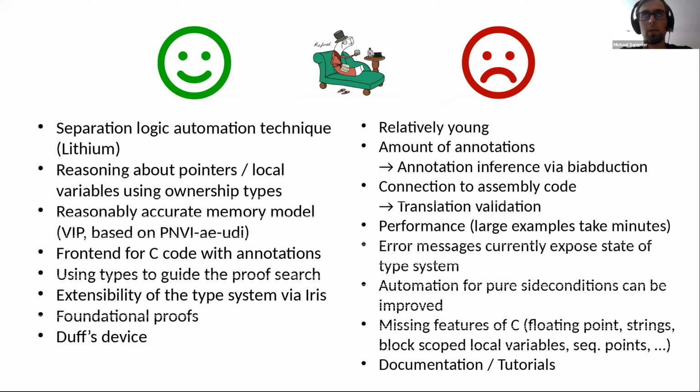But the RefinedC type system tries to separate the pure side conditions, which usually contain the arithmetic, from the main path of the type checking, which checks your local variables and so on. If you do really weird stuff with arrays, or with integer pointer casts, there's some arithmetic going on, but usually it's not in the main path of the type checking.